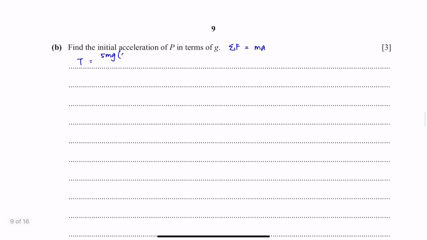So 20a minus 8a would be the extension, divided by the natural length. And we would get 15 over 2 mg.